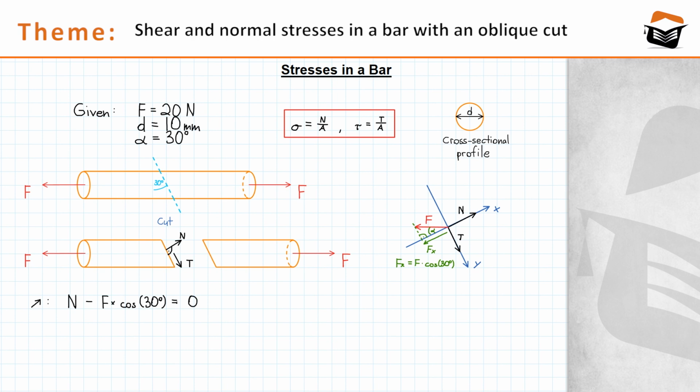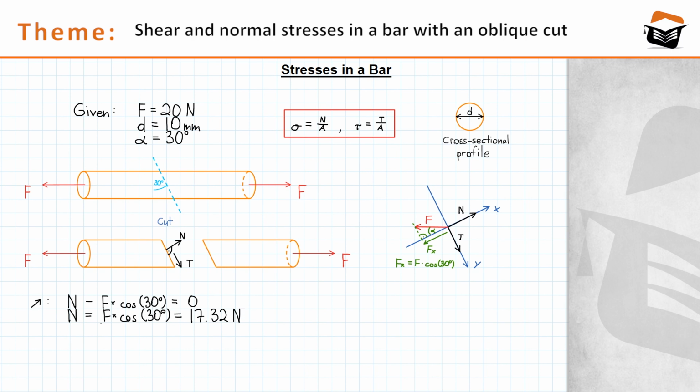And if we do the math, we have the normal force is equal to, sorry, that's a multiplication sign here, F times cosine 30 degrees. And that is equal to 17.32 Newton.